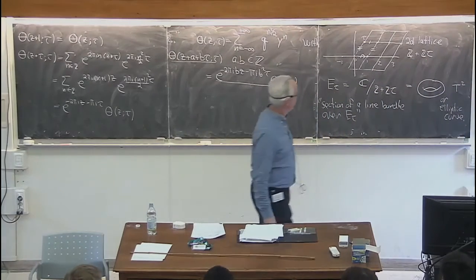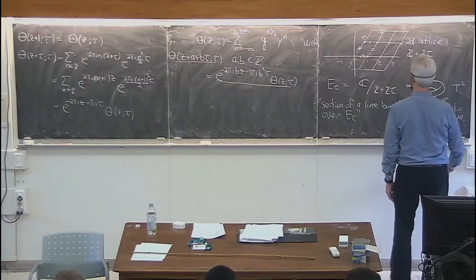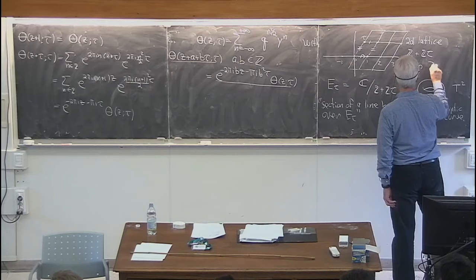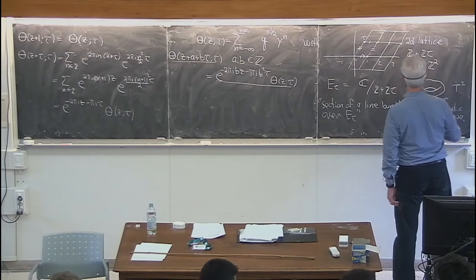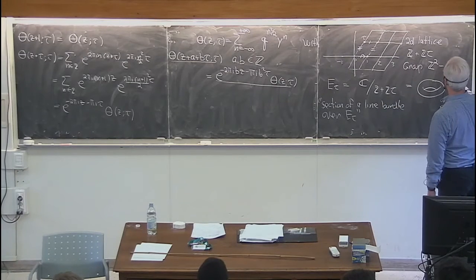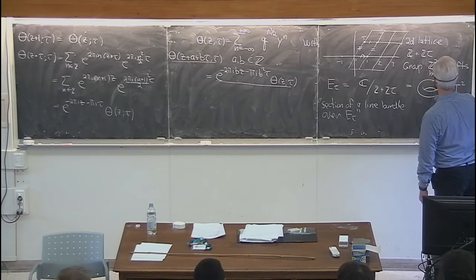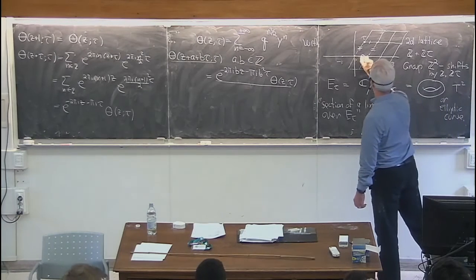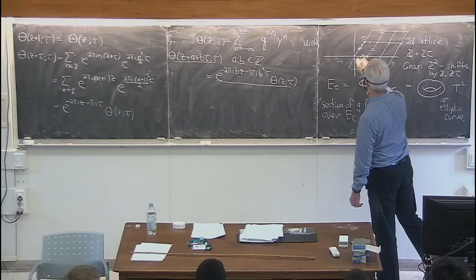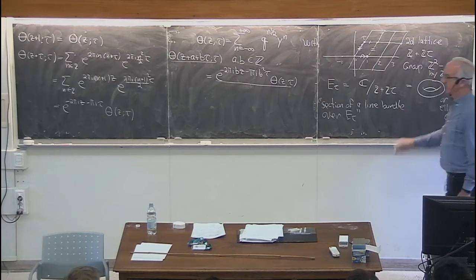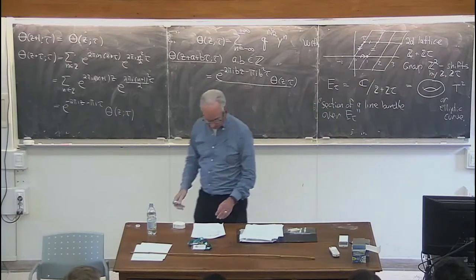But this group is going to play a role. So in other words, there is a group which is just two copies of the integers, the group generated by shifts by integers and integers times tau. So this is just an abelian group, which is isomorphic to two copies of the integers, and that abelian group is going to play a role in what follows.